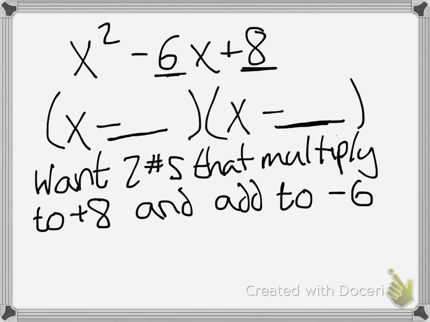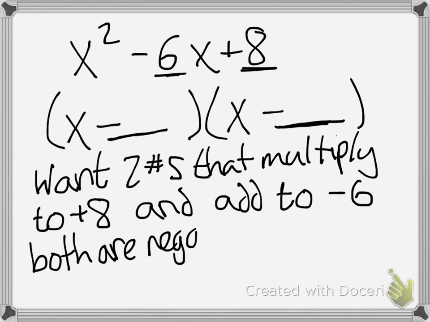I know that both of these numbers are negative. Right? Because I said that this minus sign was a part of those numbers. So I have x plus each of these numbers, and the numbers just happen to be negative.